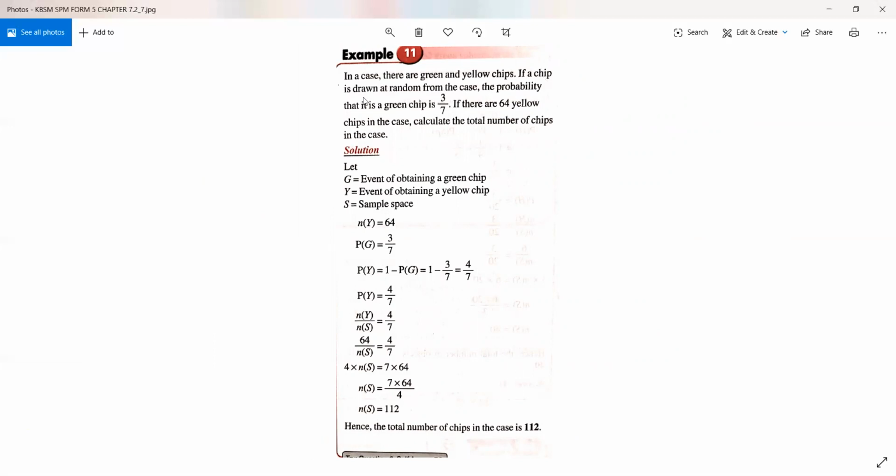In a case, there are green and yellow chips. If a chip is drawn at random from the case, the probability that it is a green chip is 3/7. There are 64 yellow chips in the case. Calculate the total number of chips in the case. Let G be obtaining a green chip, Y be obtaining a yellow chip, and S be the sample space.